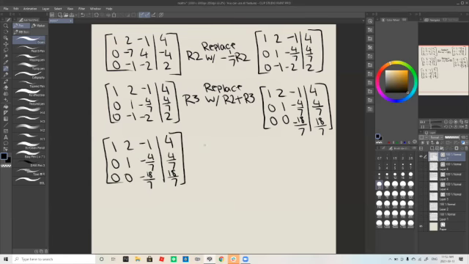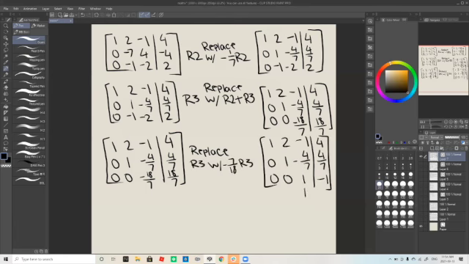So now we can replace R3 with -7/18. So it becomes 1. If you multiply the opposite fraction, you get a 1 as the leading entry for the leading non-zero entry for every row, which is now in triangular form.